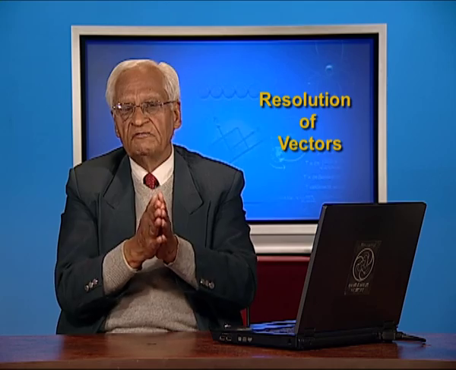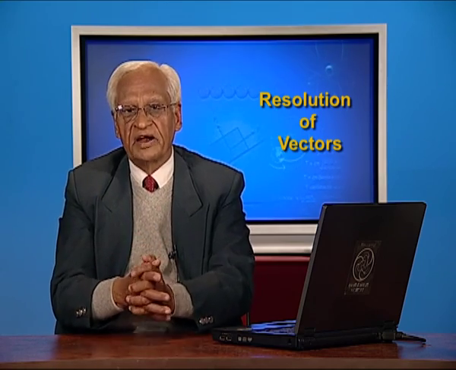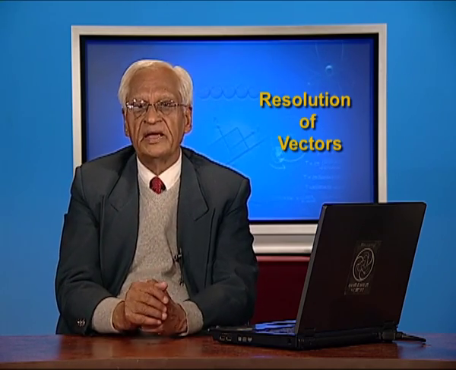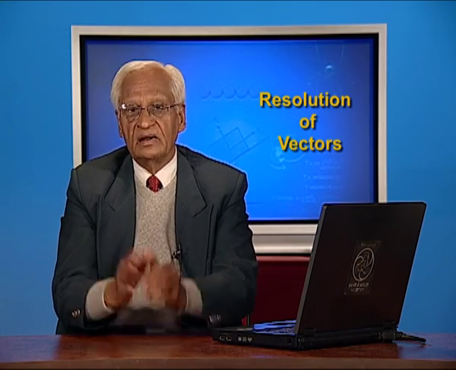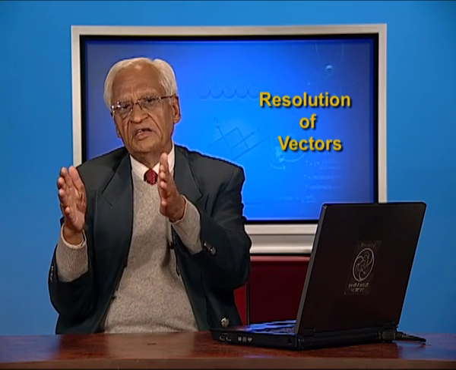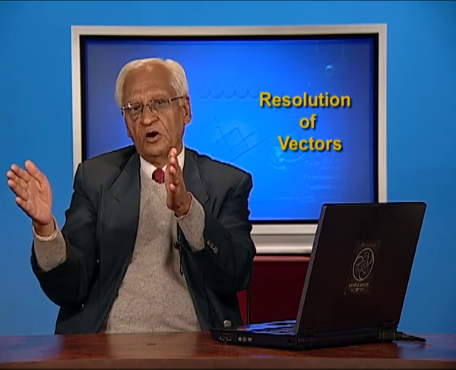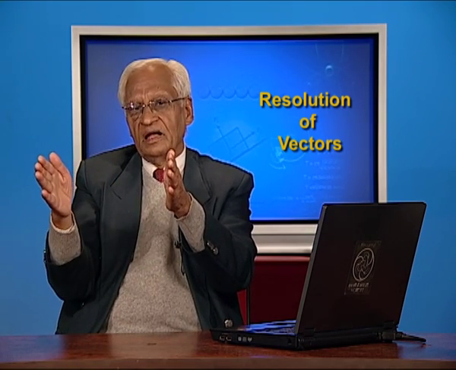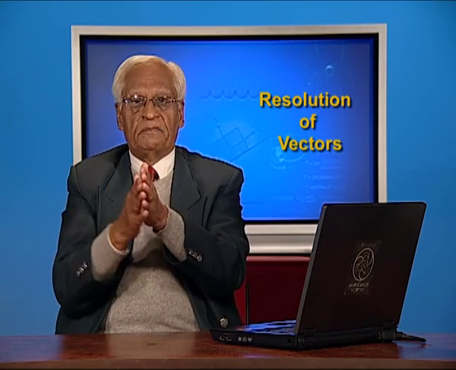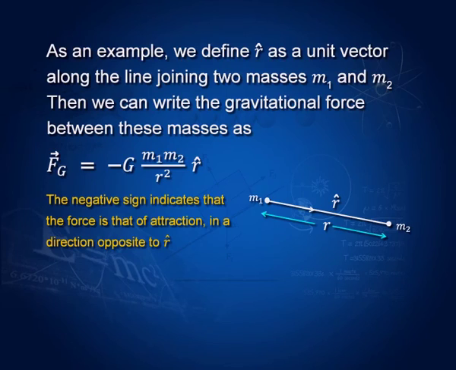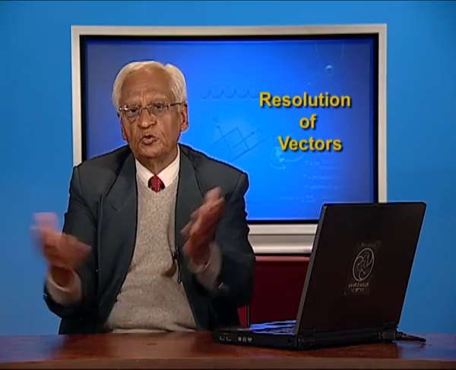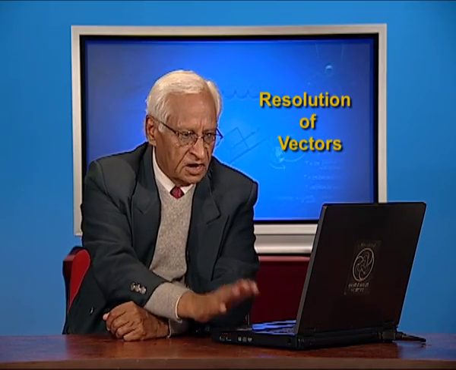As in this case, we have made the right hand side a vector by multiplying it by r cap. And since the force, say if I keep m 1 fixed, m 2 will be attracted towards m 1. Therefore, the force is in the direction opposite to r cap, and therefore, this minus sign here in this formula. Electrostatic force between two charges can also be written in a similar fashion.